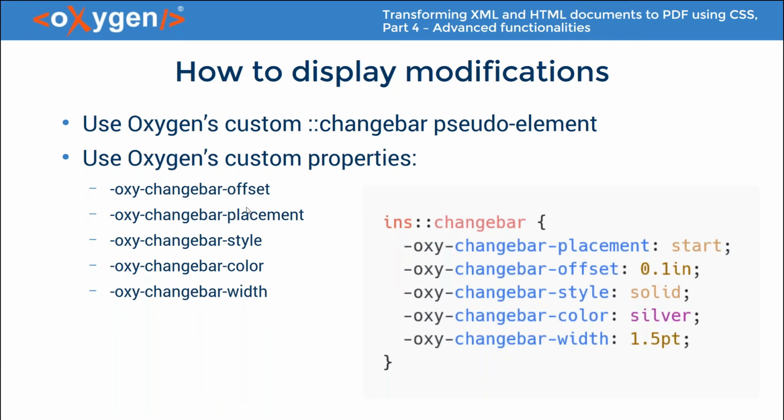The placement of my change bar, I maybe want them on the right margin or on the left margin. The style will be applied on my change bar, which usually is the same as the borders. So you can find a dotted style or a solid style, for example. You can also set a custom color and a custom width.